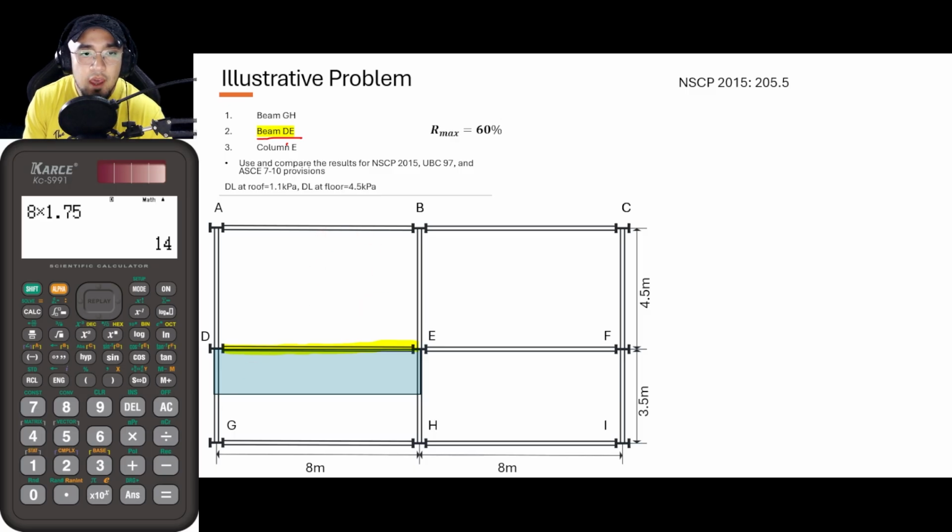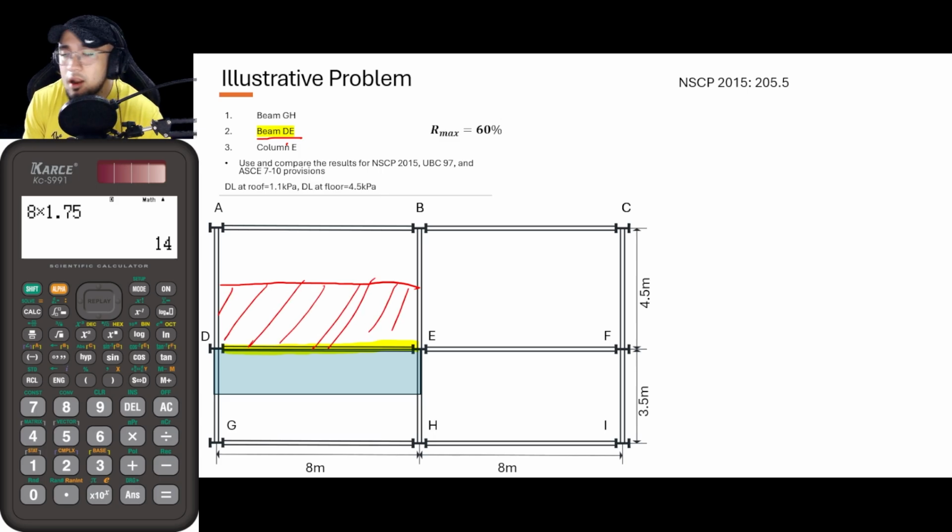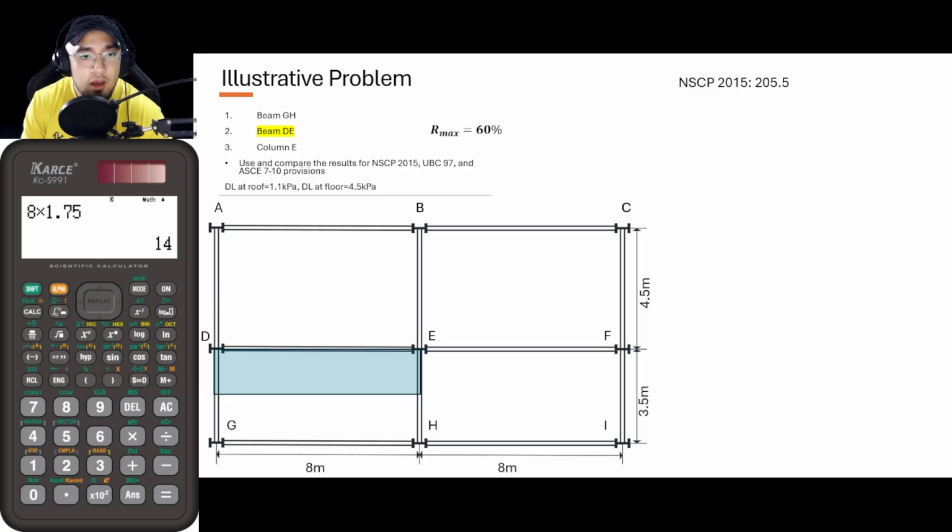So what about for this upper part? If by its ratio it is a one-way slab, it means that this is now its tributary area. This should be the tributary area if and only if it is a one-way slab. But before assuming, let us first solve if it really is a one-way slab.